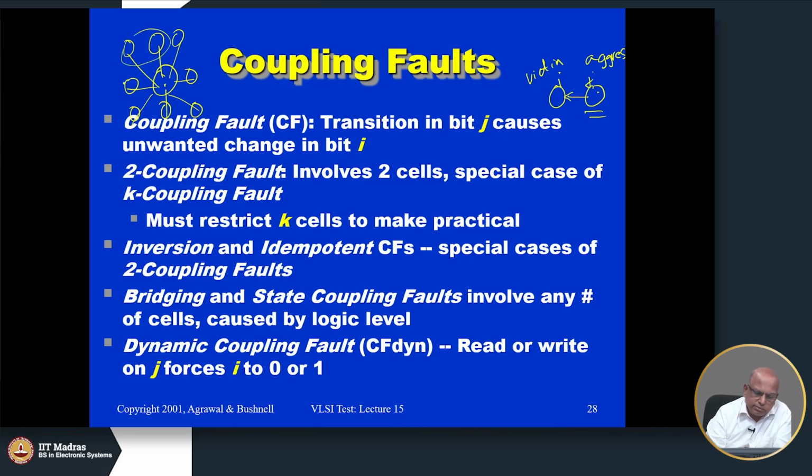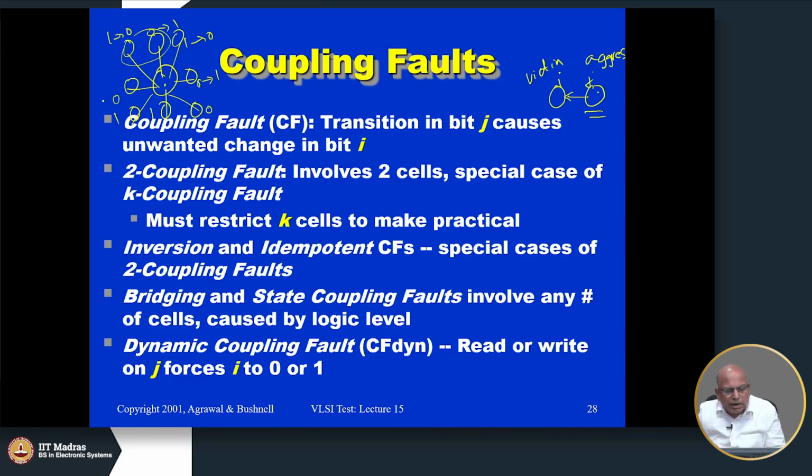Maybe these two are together going to cause some aggression. Maybe it is a specific event, such as change 1 to 0 here, 0 to 1 here, 1 to 0 here, 0 to 1 here, and 0 here, 1 here, 1 here, 0 here.